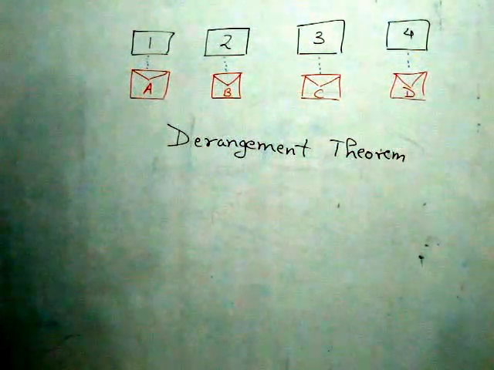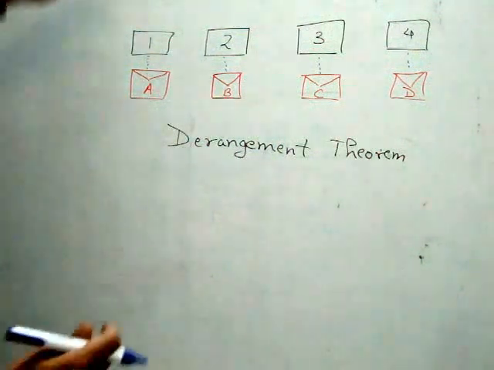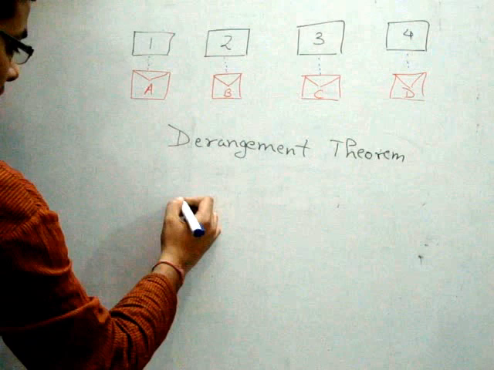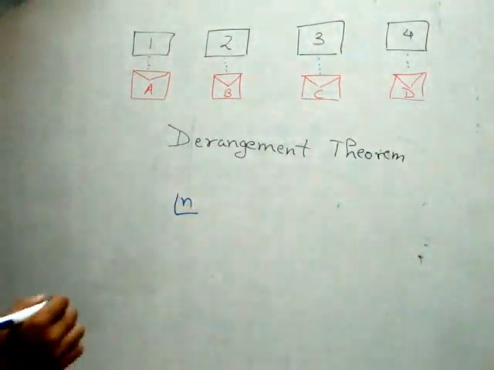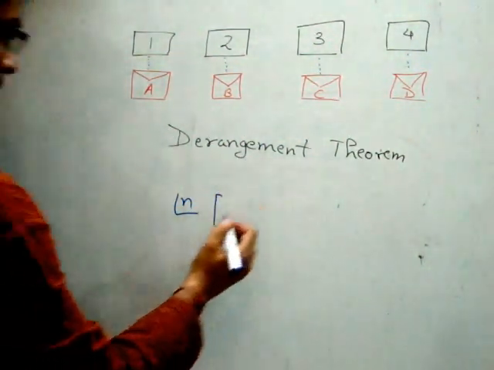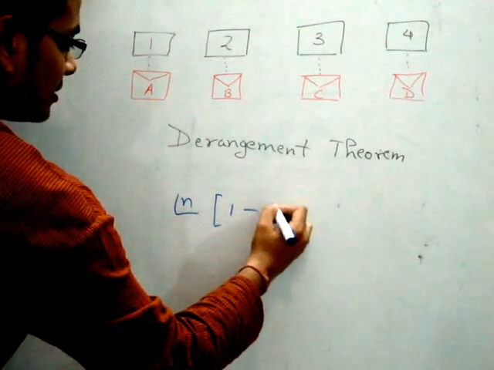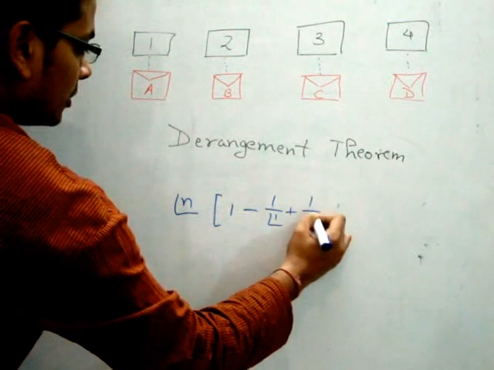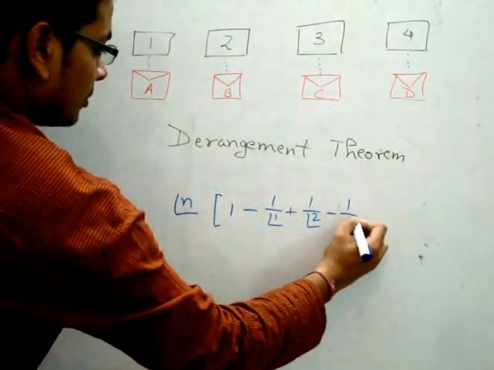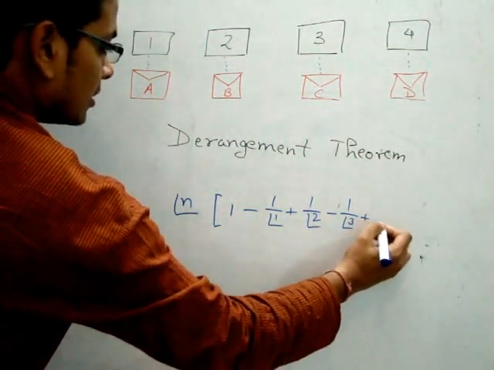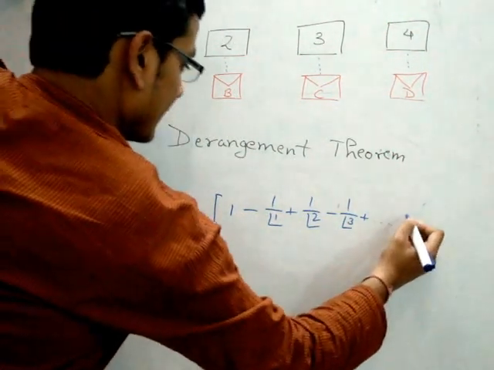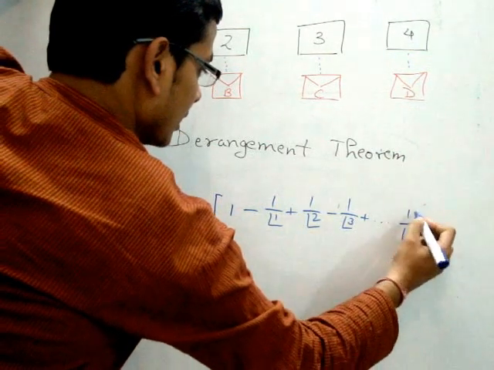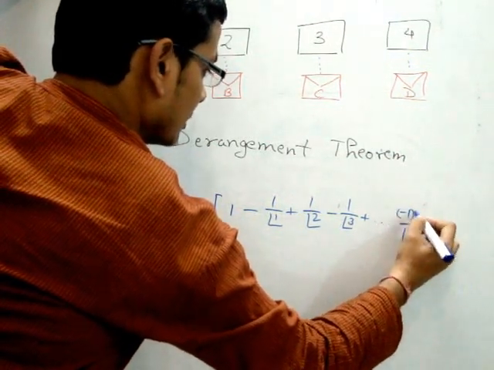If it is n envelopes and n letters, then the derangements would be factorial n into 1 minus 1 upon factorial 1 plus 1 upon factorial 2 minus 1 upon factorial 3 plus up to 1 upon factorial n, and this is minus 1 to the power n.